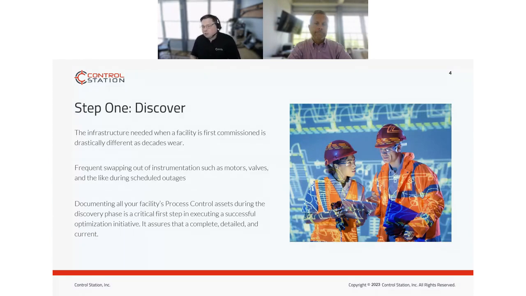You've got PID controllers that may have been deployed 10 years ago that are no longer actually being used. You can actually start to look through some of your HMI screens and start to find PID loops or assets or things that are actually not even in use anymore. And so starting this journey is a very basic step, which is you should document what you have at your manufacturing site. What are the process control assets that you actually have that are being used?